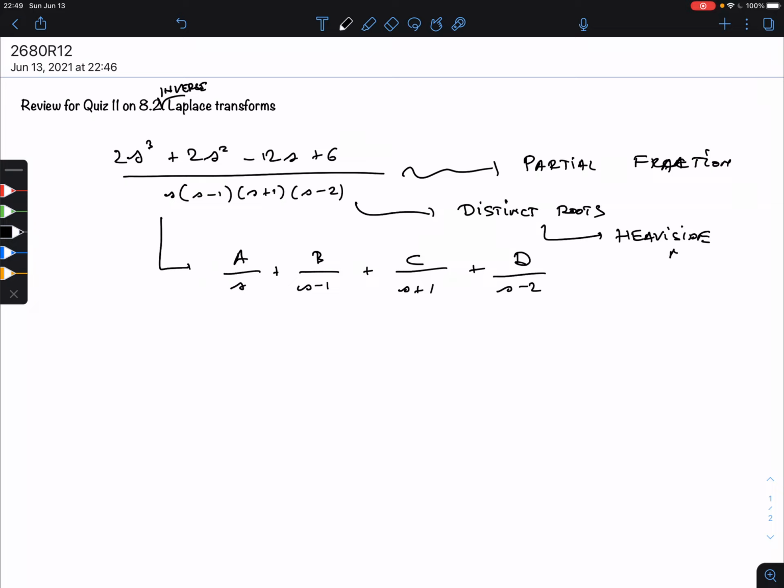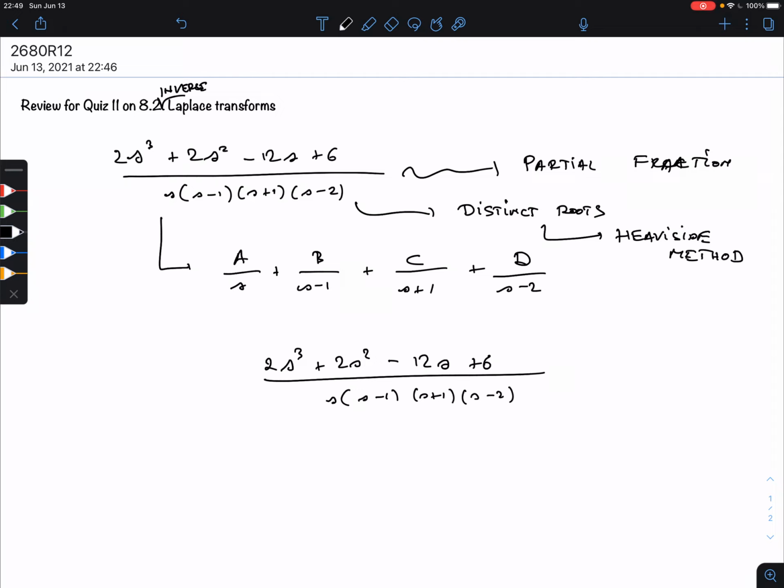to calculate them. And so how does this method work? Well, you take your fraction, 2s cubed plus 2s squared minus 12s plus 6 divided by s times s minus 1, s plus 1, s minus 2.